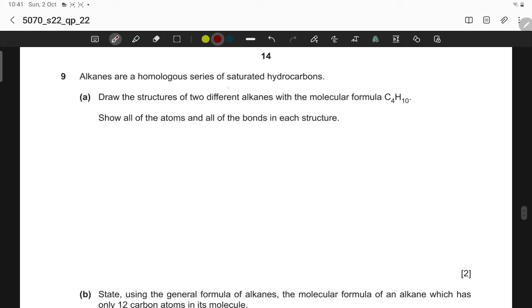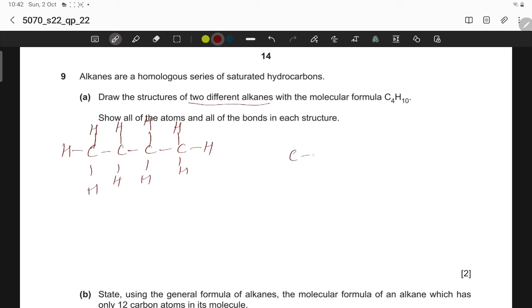Alkanes are a homologous series of saturated hydrocarbons. Draw the structure of two different alkanes with the molecular formula C4H10. Show all the atoms and all the bonds in the structure. These are two different alkanes.